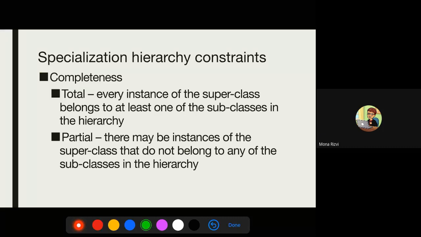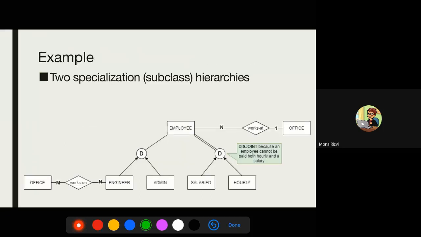There could be any number of hierarchies. There could also just be some one-to-one subclass, superclass relationships. But I think most often there are hierarchies. So this isn't showing. Okay.